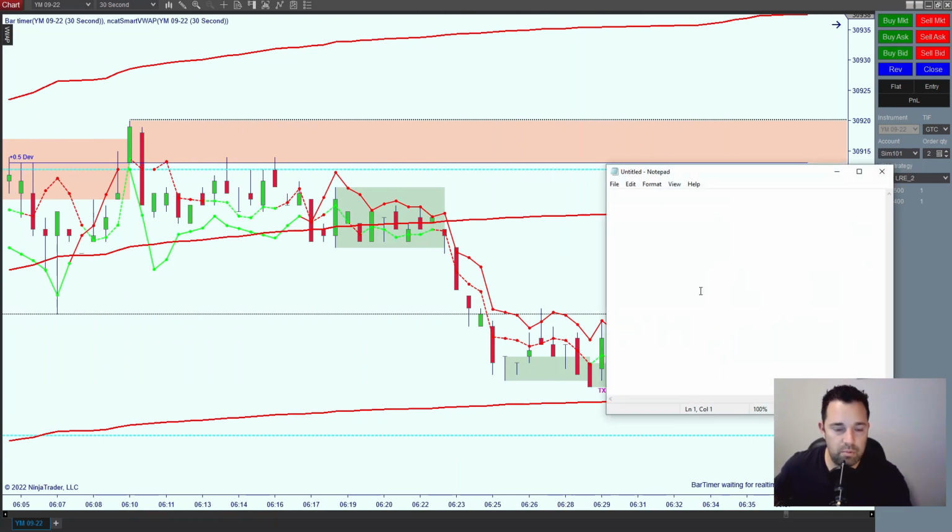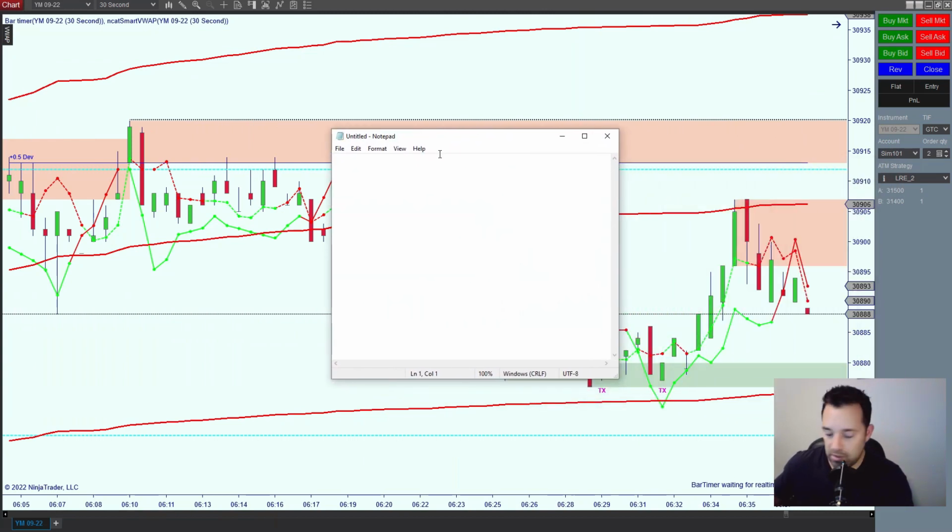Let me pull up this notepad. Just so you know, I trade mostly NQ in the pre-market. So you need to know this. My profit goal for NQ pre-market for one trade, we're not talking about for the day, per trade, is 20 ticks or 5 points.